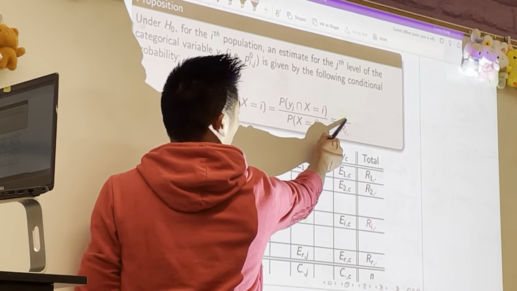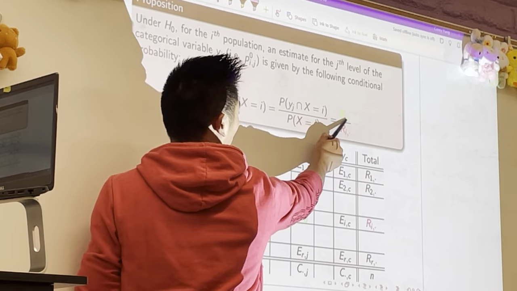That's just a proposal: to estimate the probability of being in this one cell, or the distribution of y_j in this population, I'm just going to take the observed values in this level, in this population, and divide by the total number in that population. And that's not enough for us to figure out what the expected values are going to be.